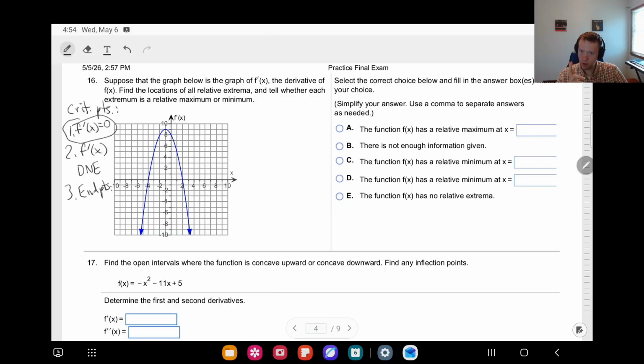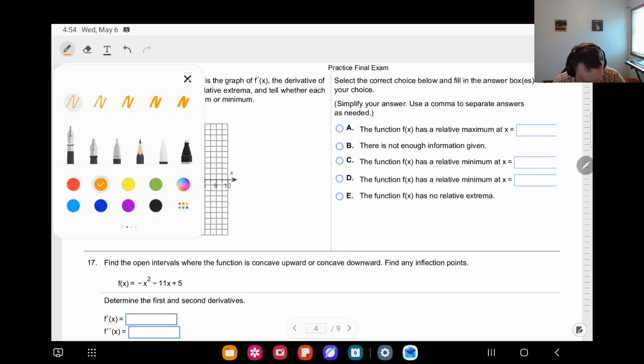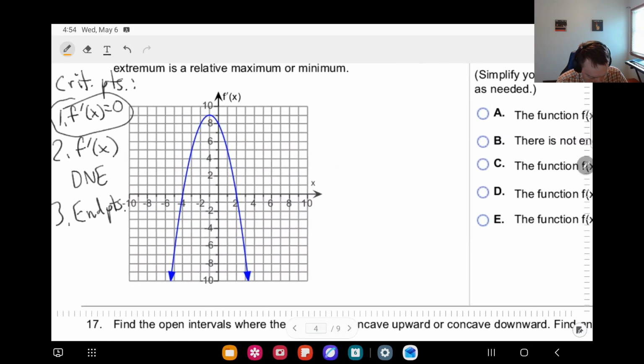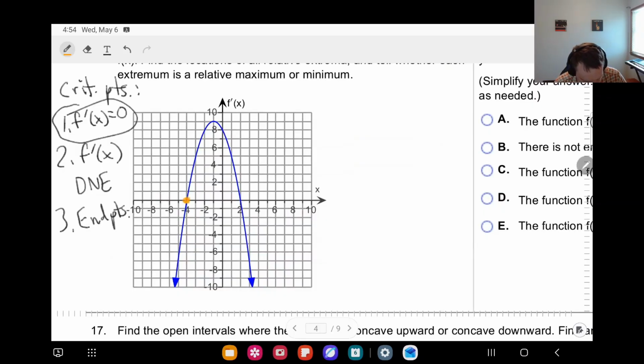So, where is the derivative 0? Well, that's the graph that we're dealing with, the derivative. So that would be where we cross the x-axis. So those are my critical numbers, x equals -4 and x equals 2.